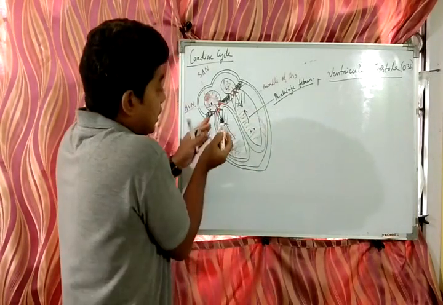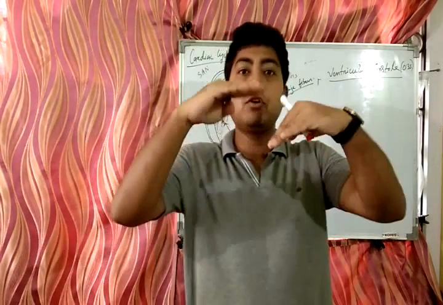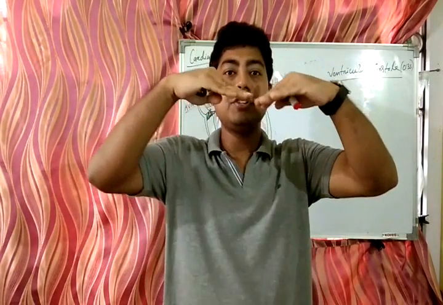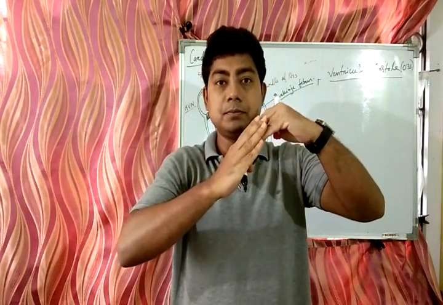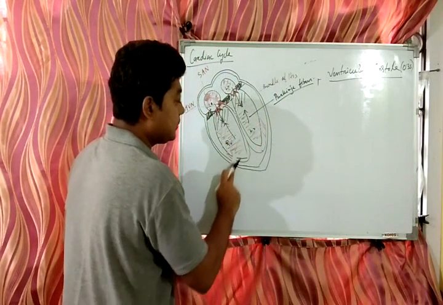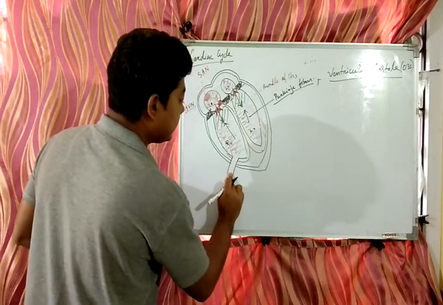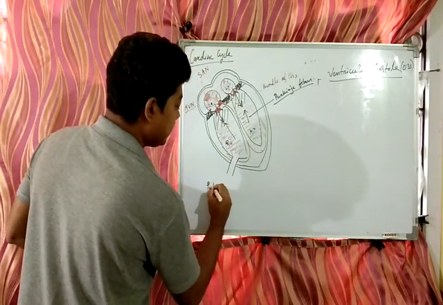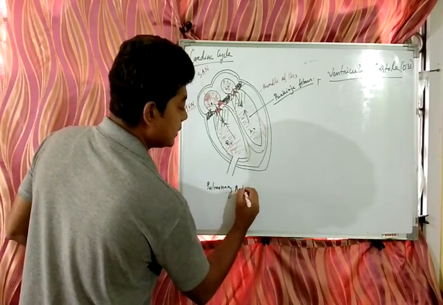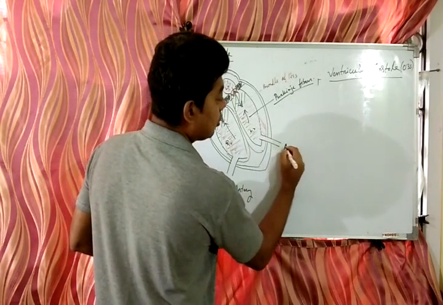But the tricuspid and bicuspid valves will close, because when pressure comes from the lower side, these valves will close. And here I am showing the pulmonary artery, and here from the left ventricle the aorta is present.